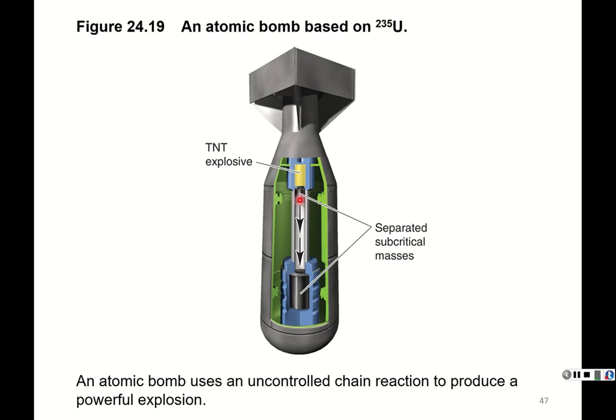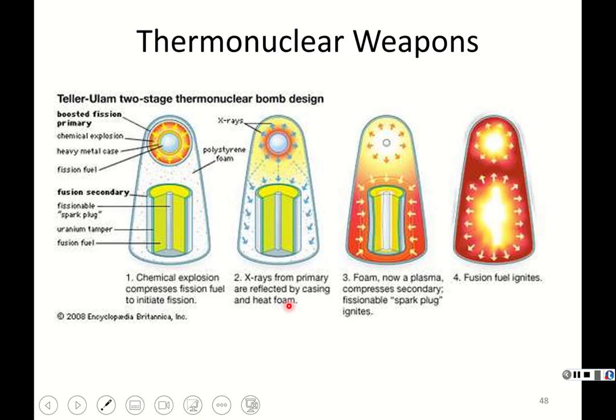You kept them separated in the bomb, and then when you wanted to detonate it, TNT explosive would be ignited, and it would shoot one piece into the other piece. Then it would become critical mass, and you'd get that uncontrolled chain reaction, creating a large explosion, because you're letting all that energy out at once.